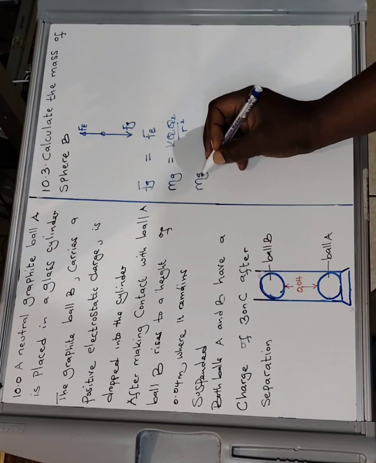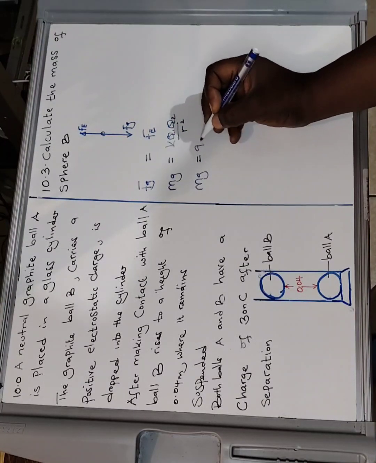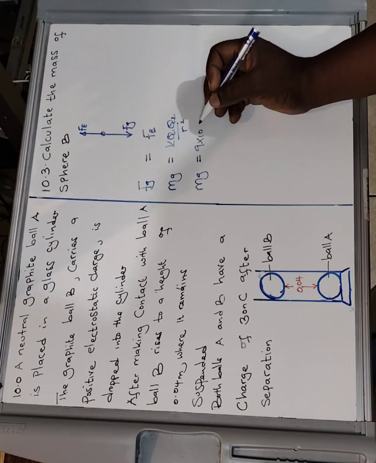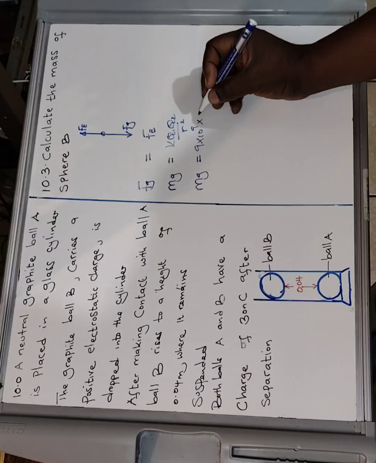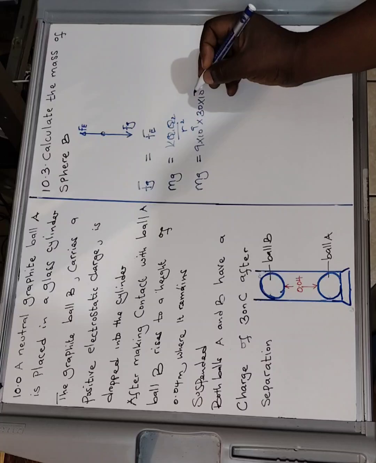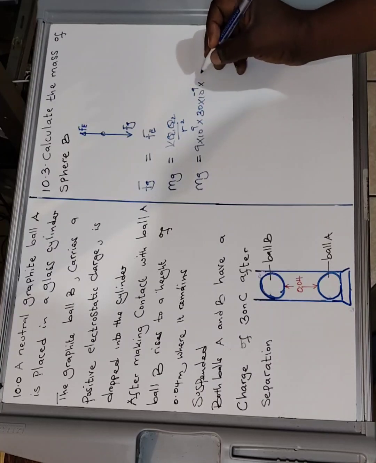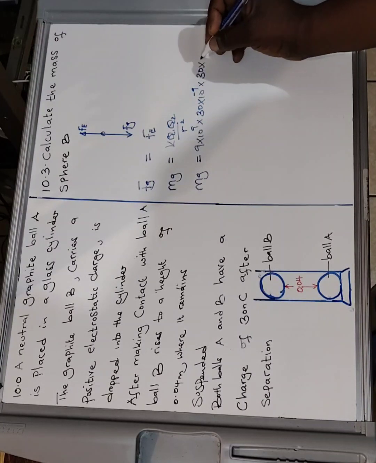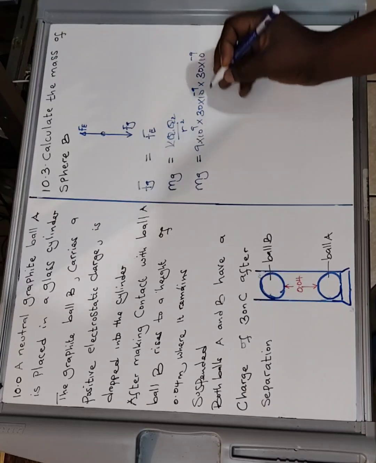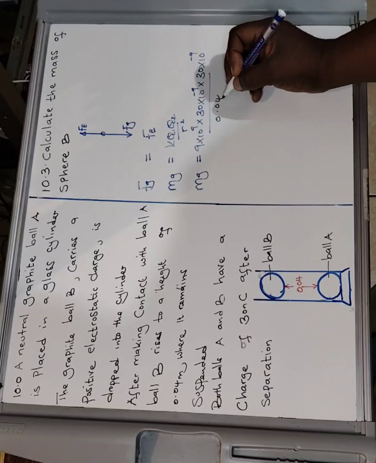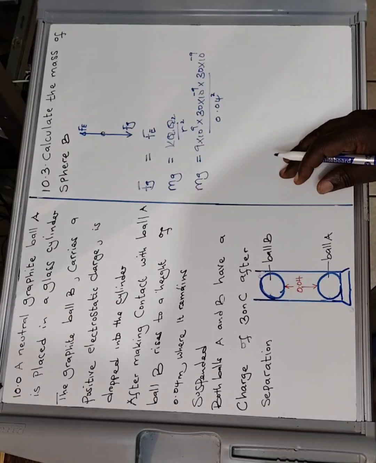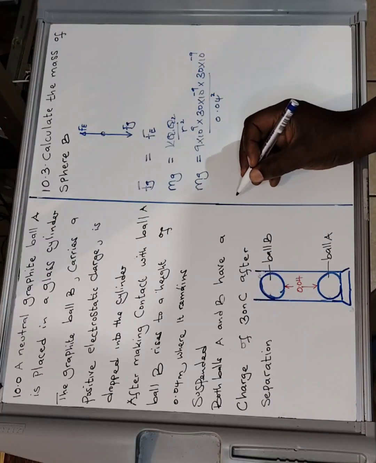So you have mg equals 9 times 10 power 9 times the charges, 30 times 10 power minus 9 times 30 times 10 power minus 9, over 0.04 squared.